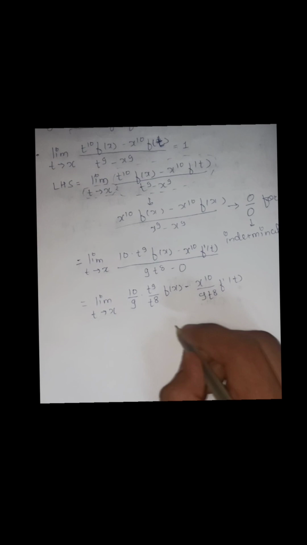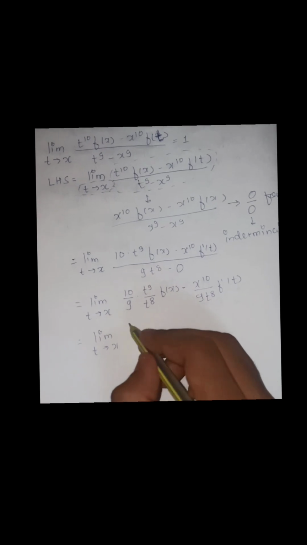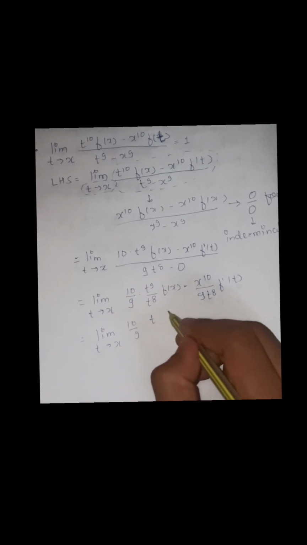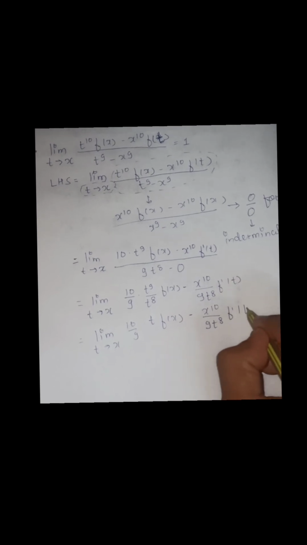Further simplifying, limit t tends to x of 10 by 9 t f of x minus x to the power 10 upon 9 t to the power 8 f dash t.